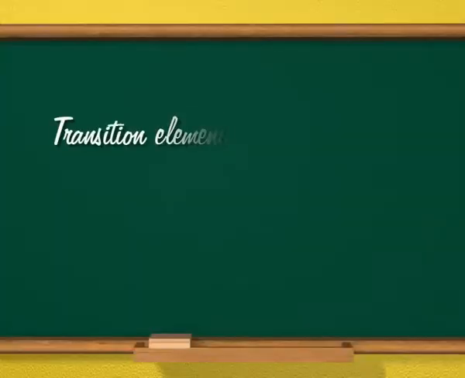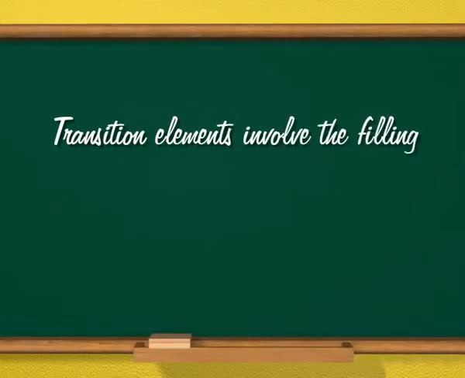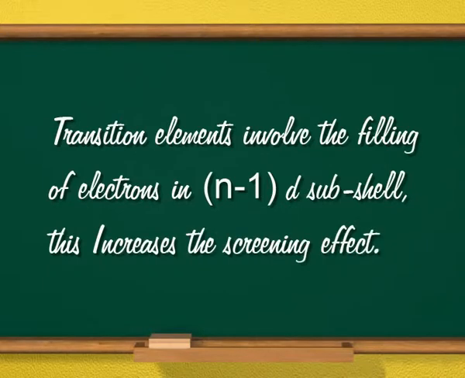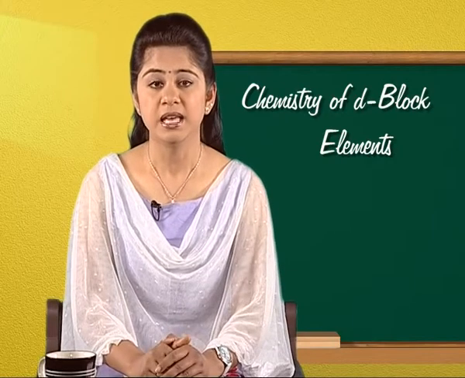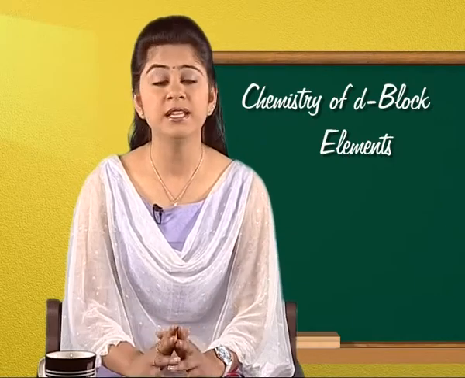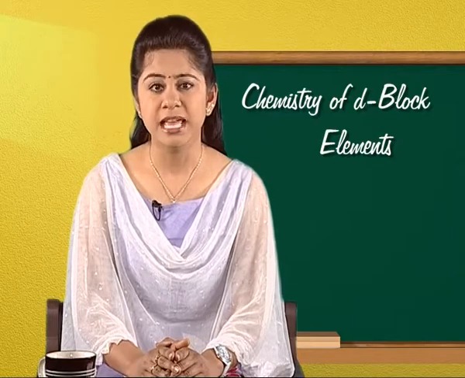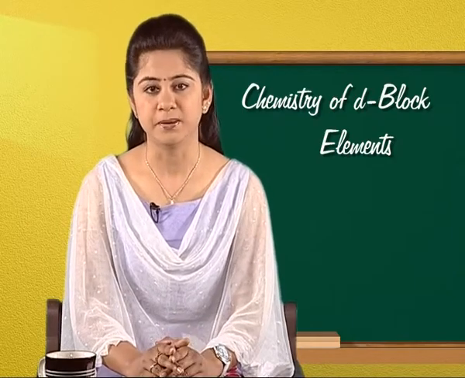As the transition elements involve the filling of electrons in n-1 d subshell, this increases the screening effect. Thus, the effect of increasing nuclear charge is opposed by the increase in the magnitude of screening.